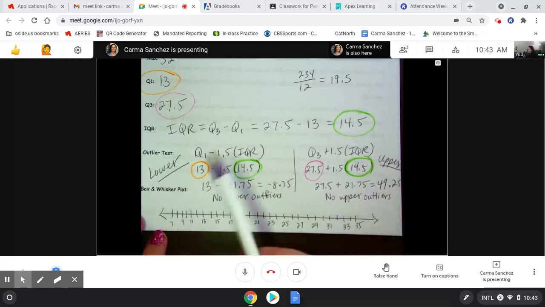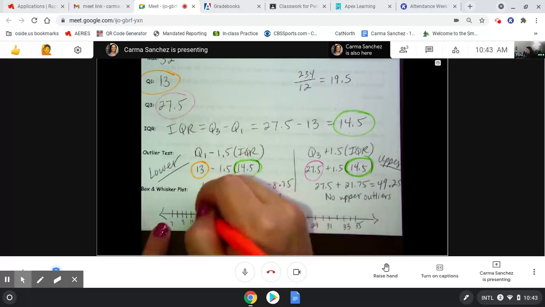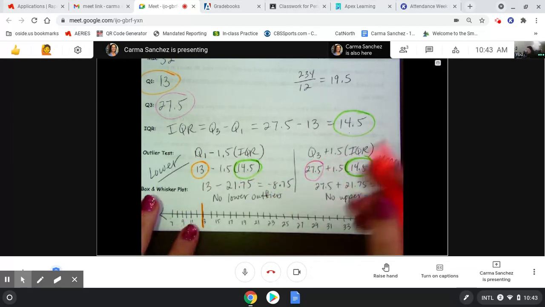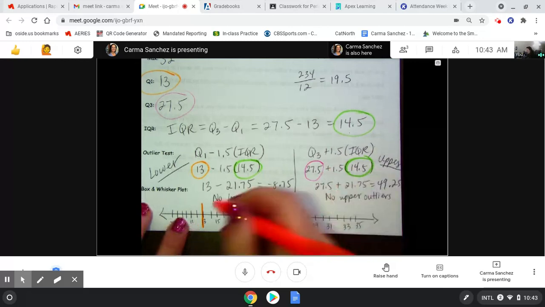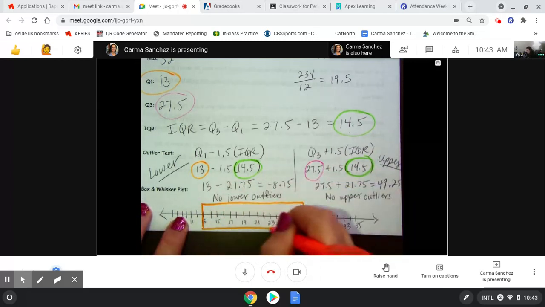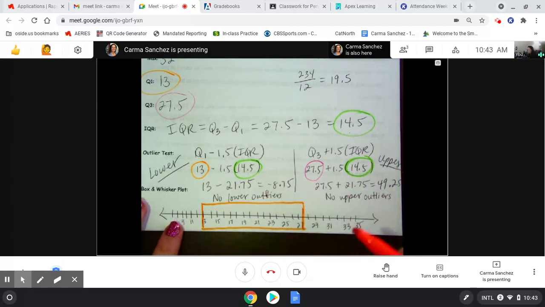Okay, so we start the box. The box goes from your Q1 at 13 to your Q3 at 27.5. Connect that box. And then we draw in our Q2 through 19.